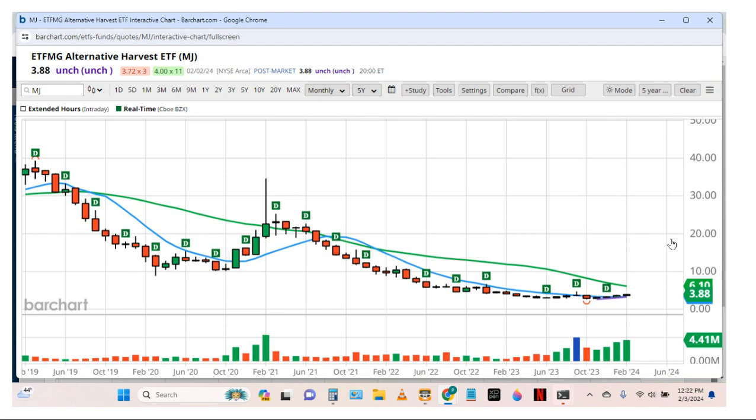This is one sector that is starting to move again, and that's the marijuana sector. This is symbol MJ, which stands for Alternative Harvest ETF. This has been beaten down for 4 years or more, and it's really still in a downtrend to some degree.